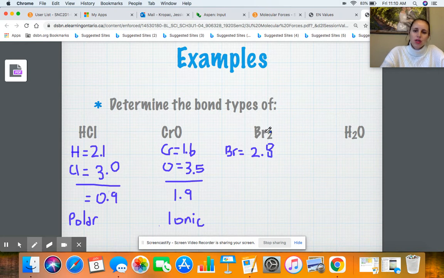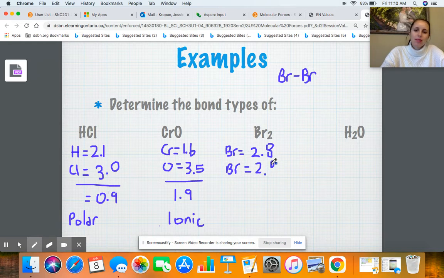Now this 2 tells me that this bond is between two bromines. So I have a bromine and I have a bromine bonded together. So technically what I need to do to find the electronegativity difference of this bond is take the electronegativity value for bromine and the electronegativity for bromine and subtract them.